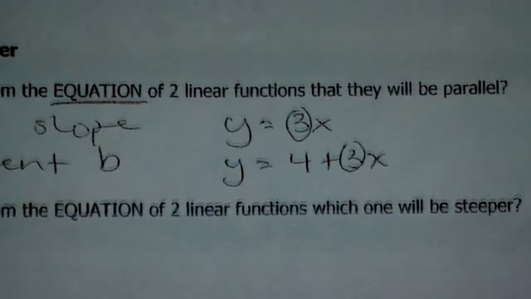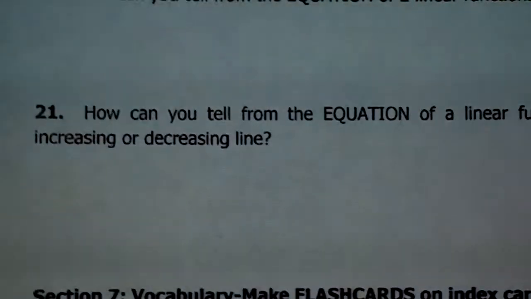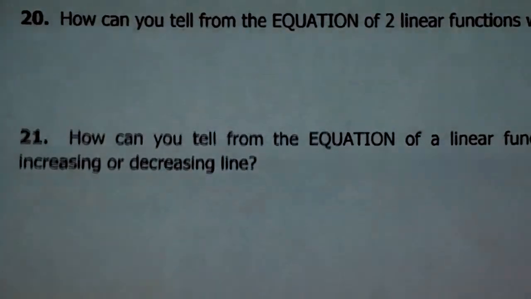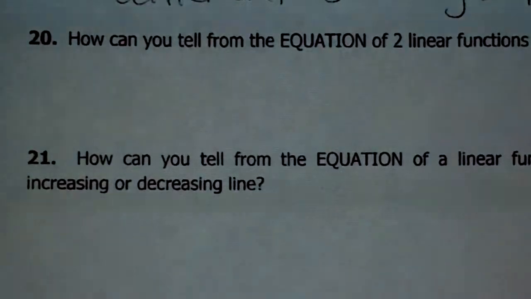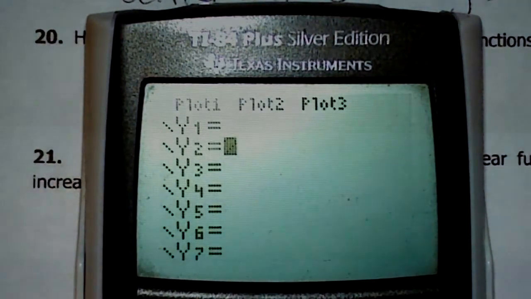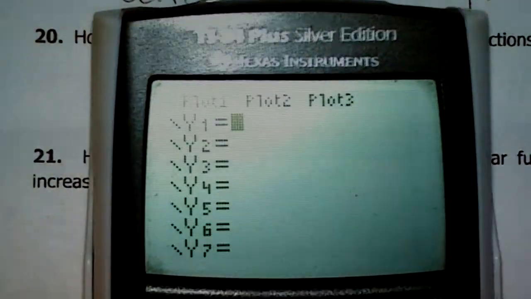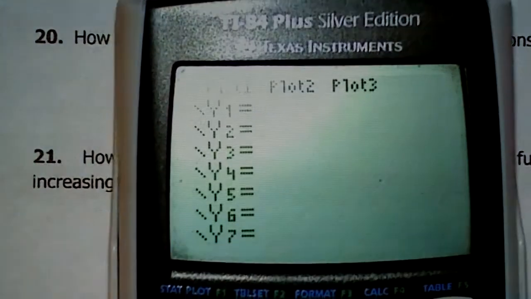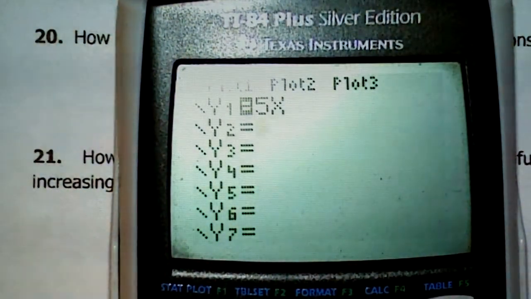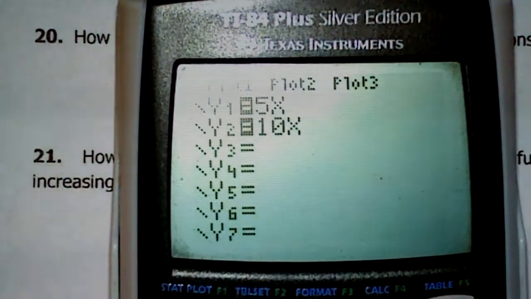All right, look at number 20. It says, how can you tell from the equation of two linear functions which one will be steeper? Well, take a look again. I'm going to clear this out. Let's say that one person you know makes $5 an hour babysitting, and another person that you know makes $10 an hour babysitting.